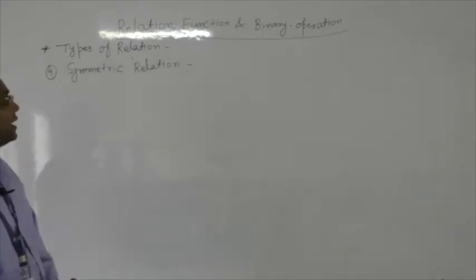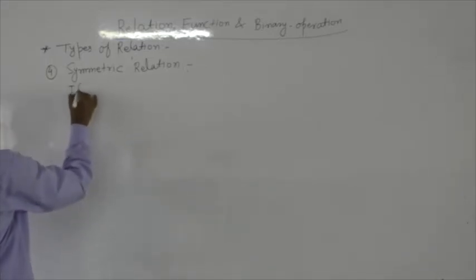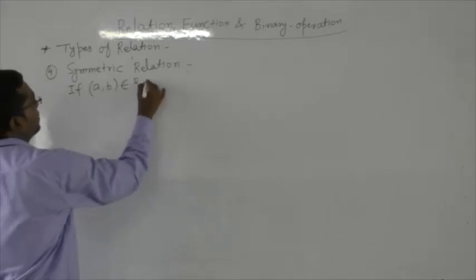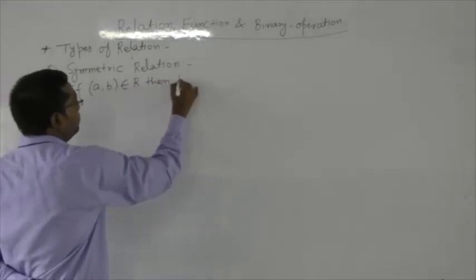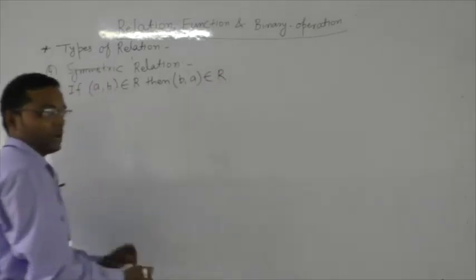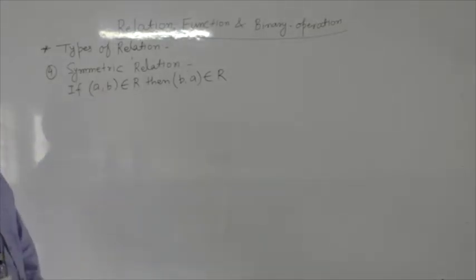Let's see how to define it. This relation says if (a, b) belongs to the relation R, then (b, a) should belong to R. This is the condition for a relation to be a symmetric relation.